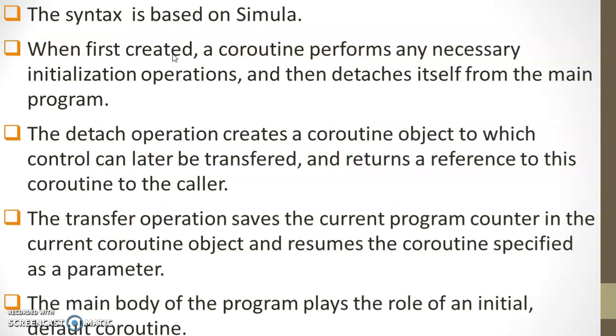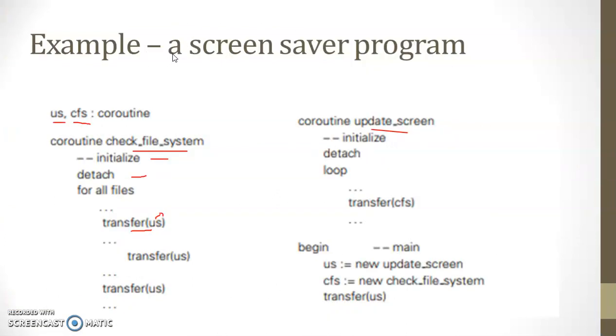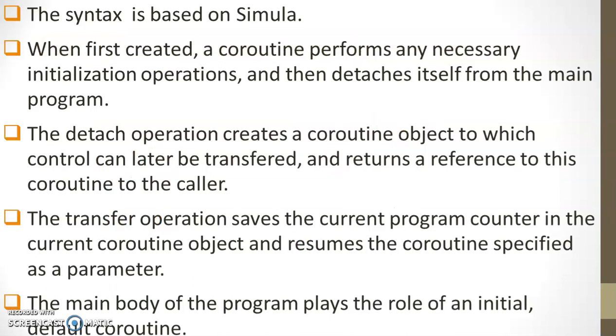The syntax in this program follows a similar programming language. When a coroutine is first created, it performs any necessary initialization operations, and then it detaches itself from the main program.